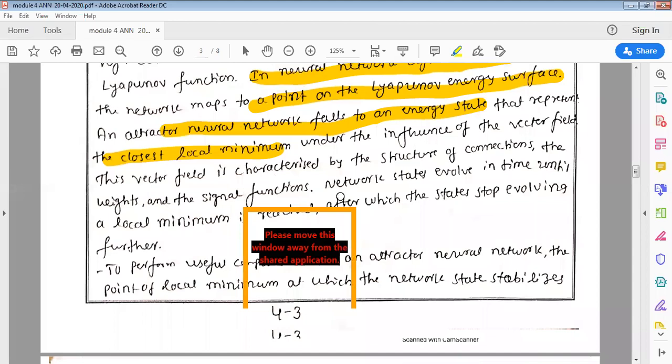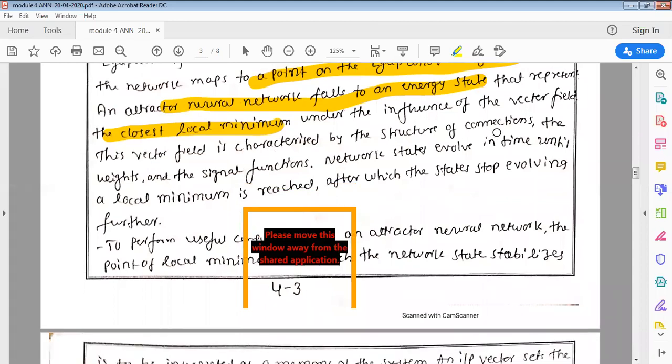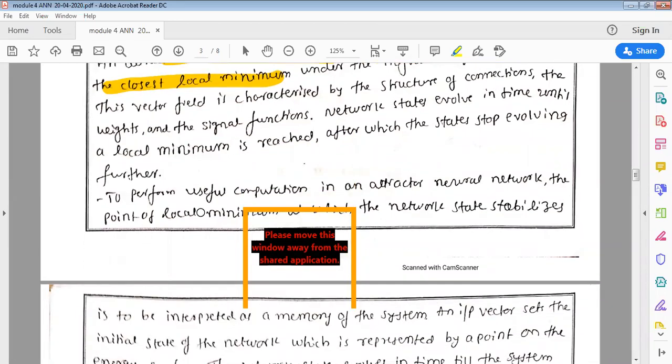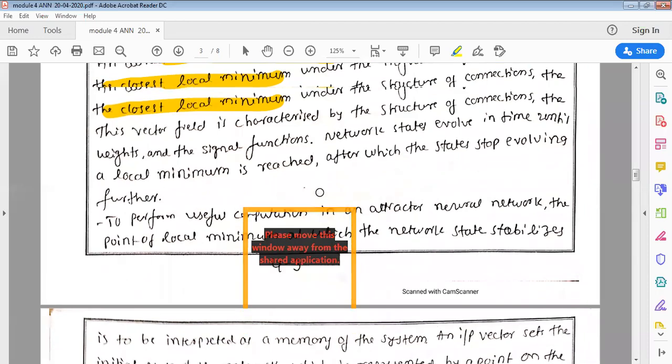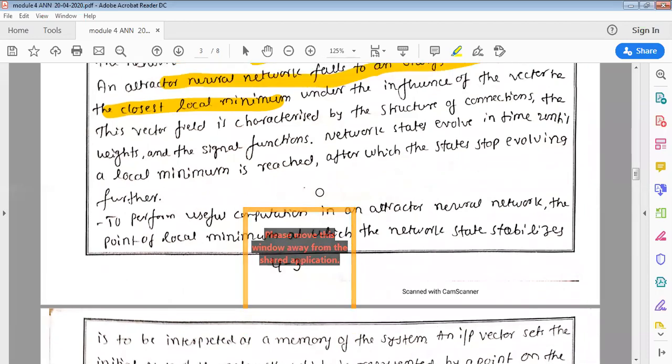The vector field is characterized by the structure of connections, the weights and signal function, which determine where the network will go and how it will find the minimum. The network keeps changing from one point to another, and each time it finds a value. Whether the present minimum is more than the previous minimum, yes, then it will continue. If the present minimum is less than the previous minimum, the network is going to stop.